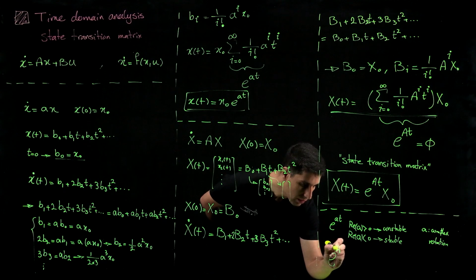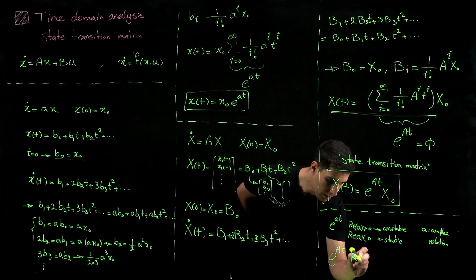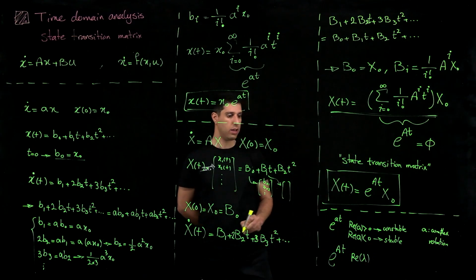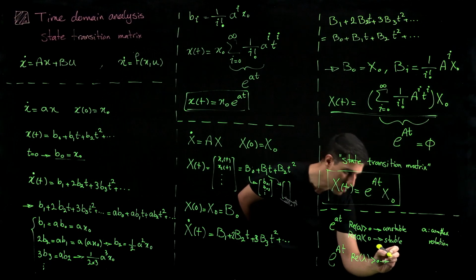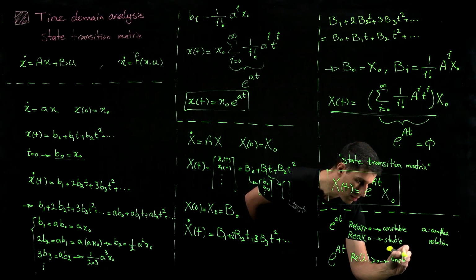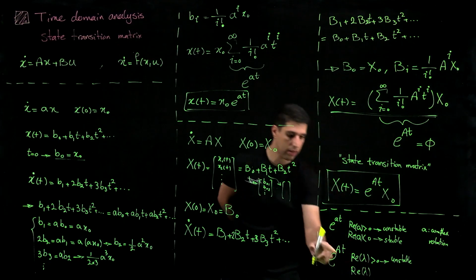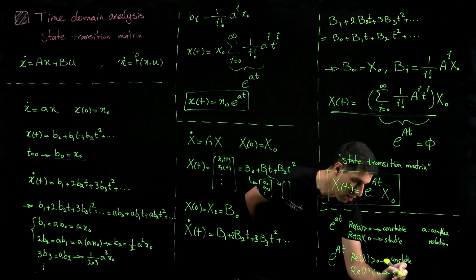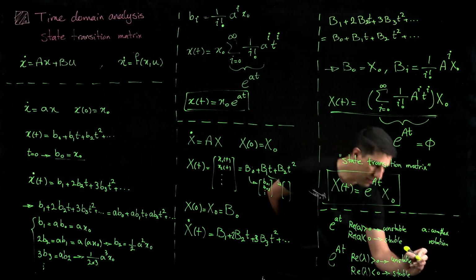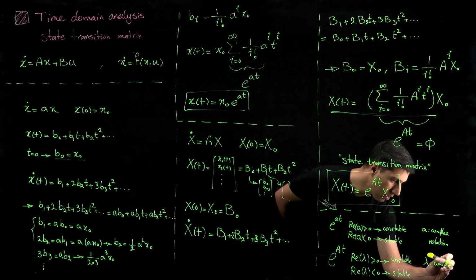Similarly, if you have e to the At, if the real part of the eigenvalues of A are positive, or any of them is positive, it's unstable. If the real part of all these eigenvalues of A are negative, you have stable. And if your eigenvalues are complex, you have oscillation.